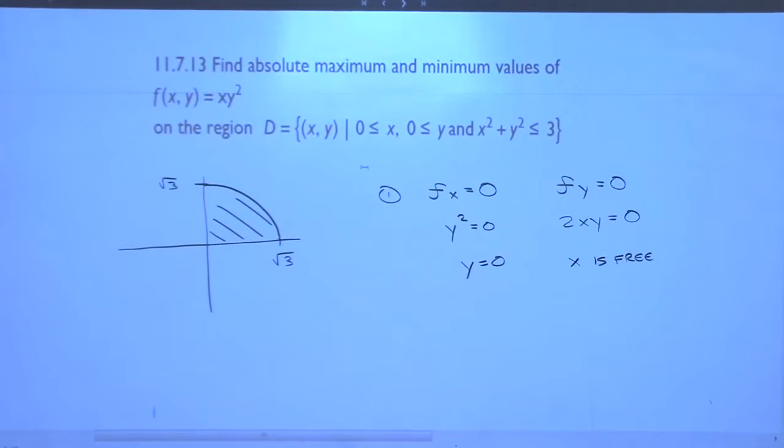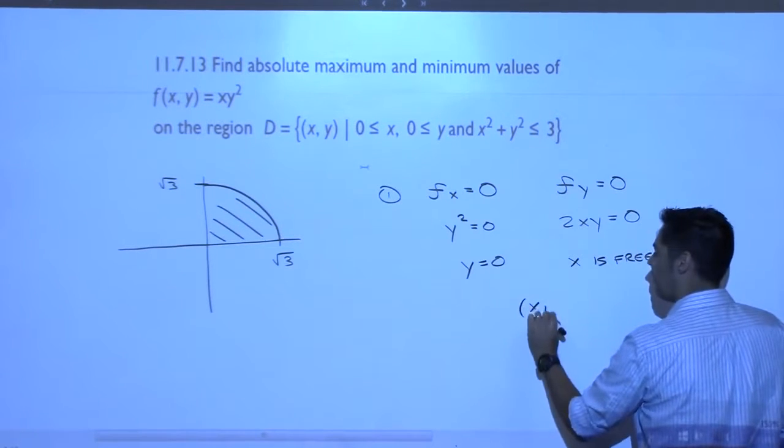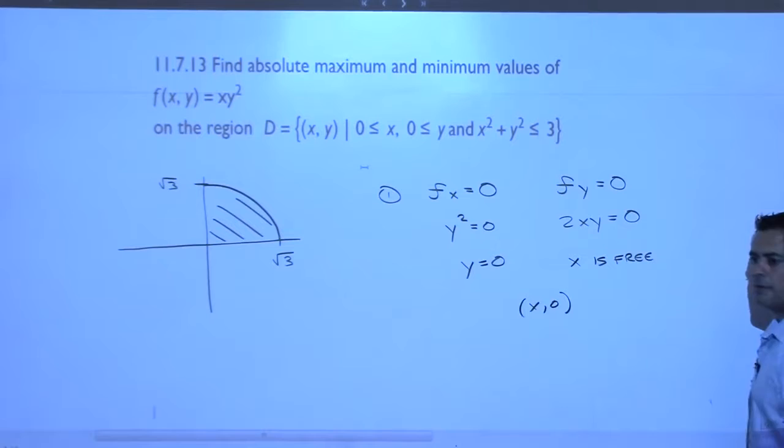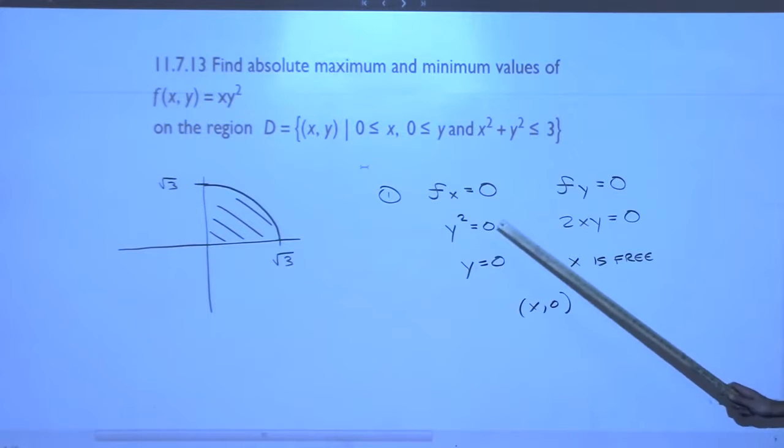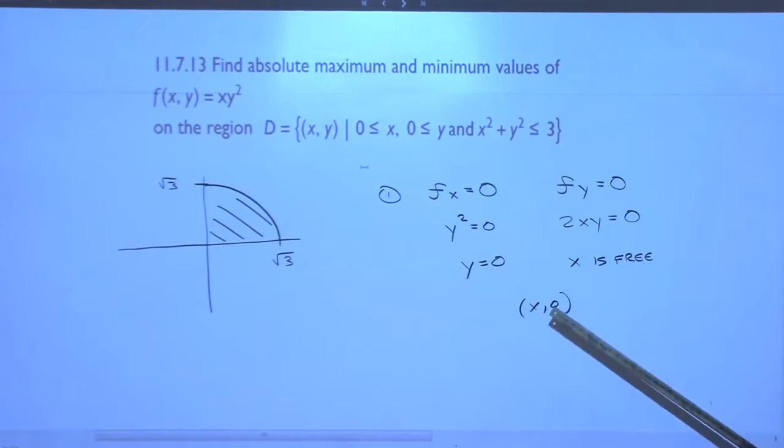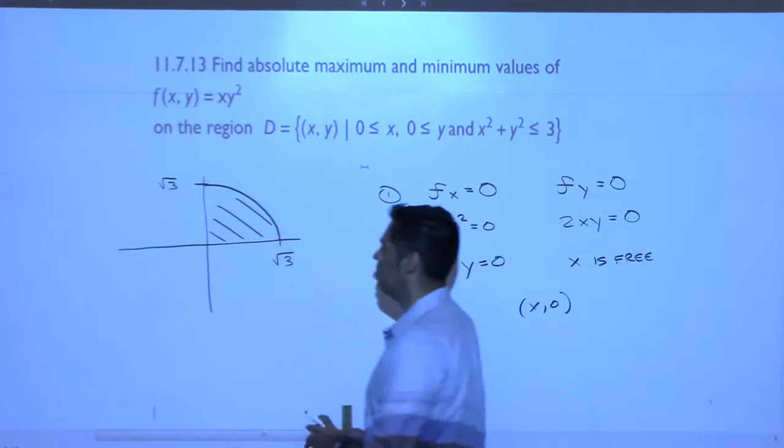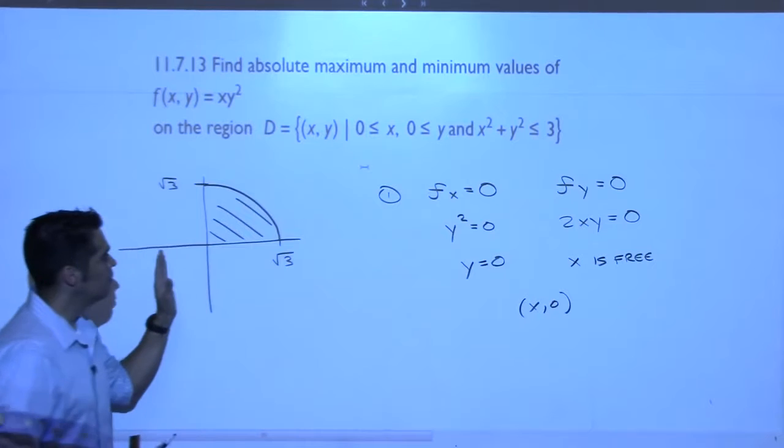So we have an infinite number of points that satisfy this, don't we? They all look like this. Do you agree? Any point that looks like this will satisfy these two equations. Thank goodness, though, these points coincide with what?